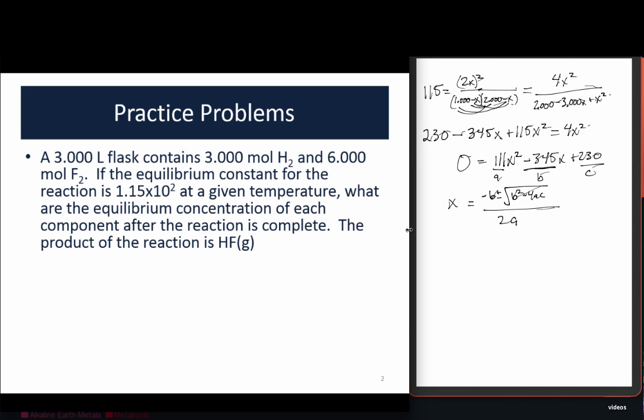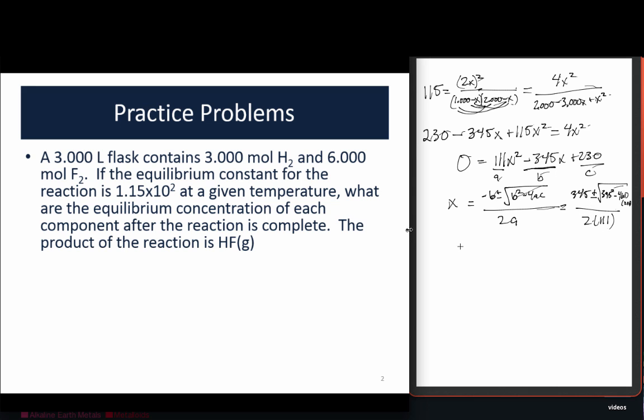So what we can do is plug the values in, and so this is equal to positive 345 plus or minus the square root of 345 squared minus 4 times 111 times 230, divided by 2 times 111.